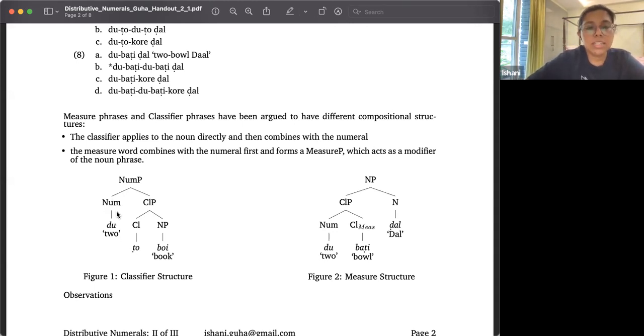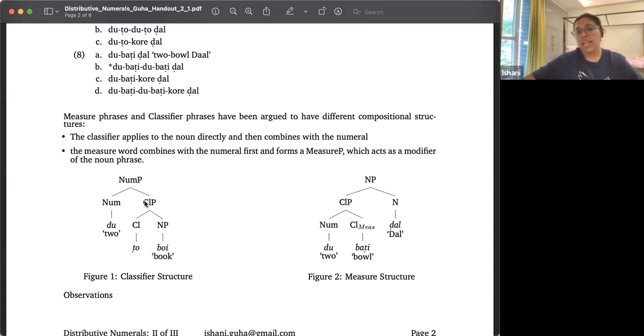I can tell you that Dayal goes for the position that number selects, or takes as argument, the classifier phrase, following Ionin and Matushansky's proposal. This is basically summarizing here: the numeral works like a determiner on the noun phrase modified by the classifier.